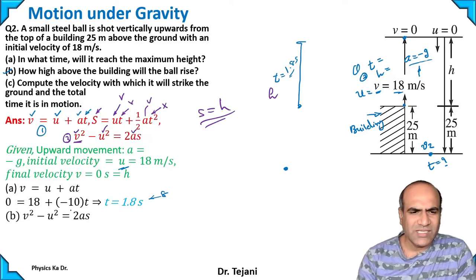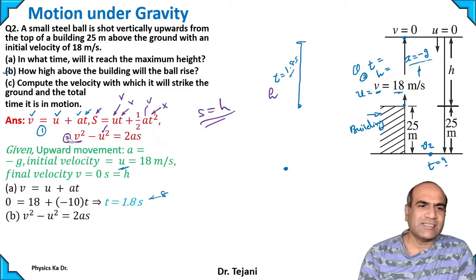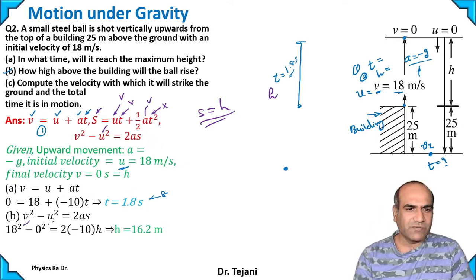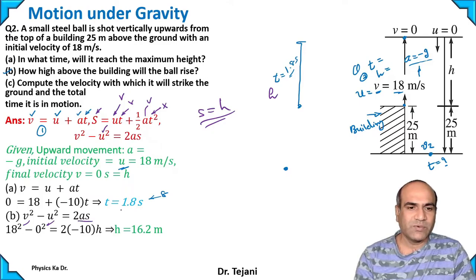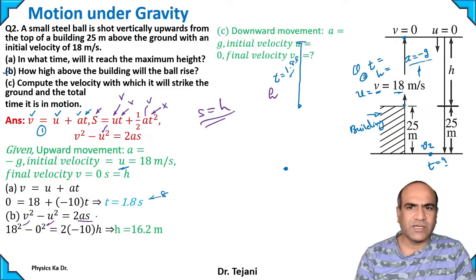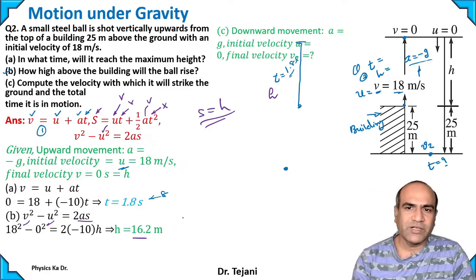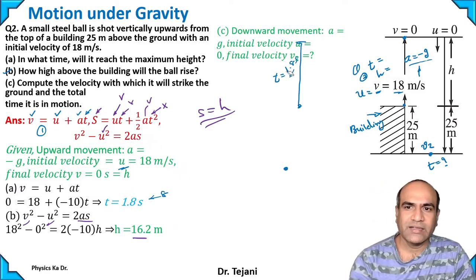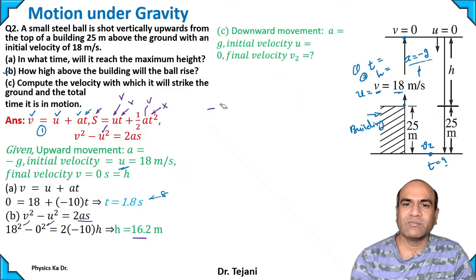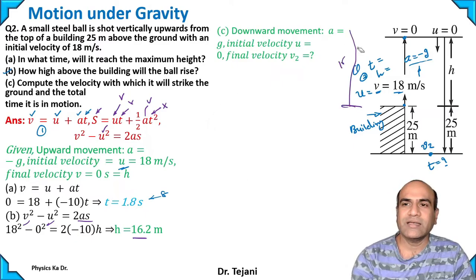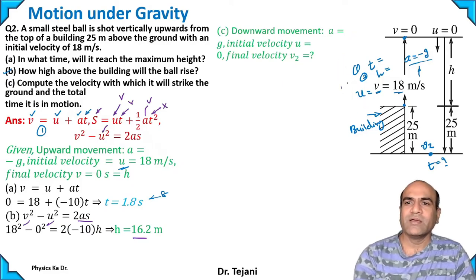Acceleration given, yes. Then use this equation. Put the values here: v is 0, u is 18. Opposite values are taken, don't worry. So the height is 16.2 meter. So the ball is rising 16.2 meter from this point.